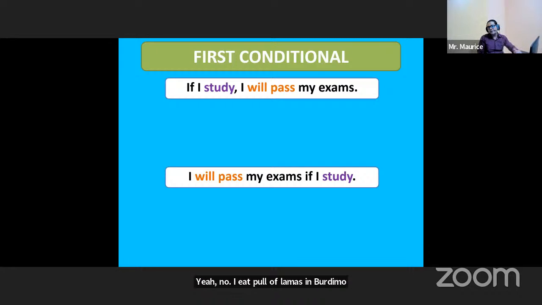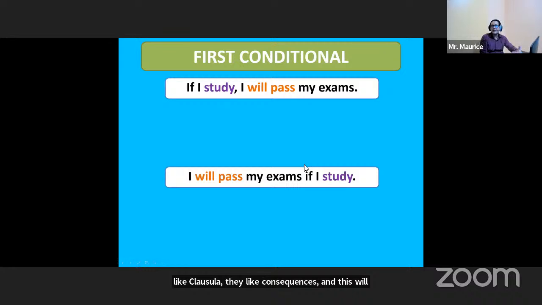Como pueden apreciar, no hay problema si invertimos la cláusula. El condicional puede estar delante, como usted observa: If I study, y la cláusula de la consecuencia en segundo lugar, I will pass my exam. Podemos invertirla, no hay problema. Ponemos la cláusula de la consecuencia antes: I will pass my exam.